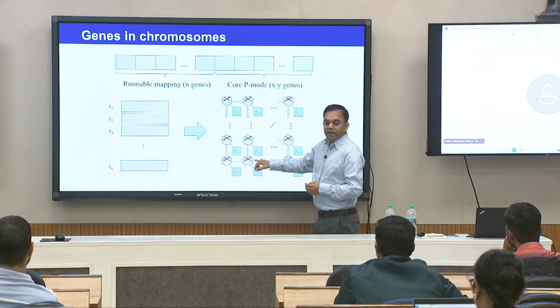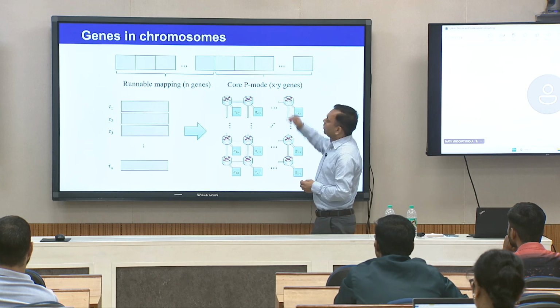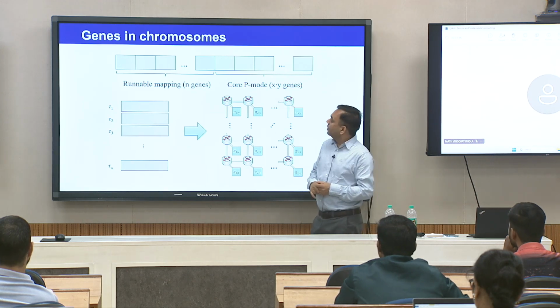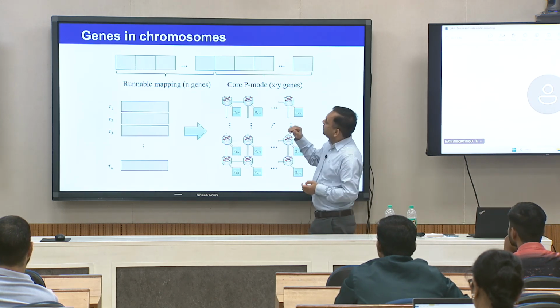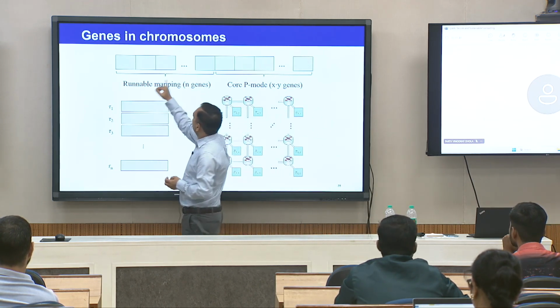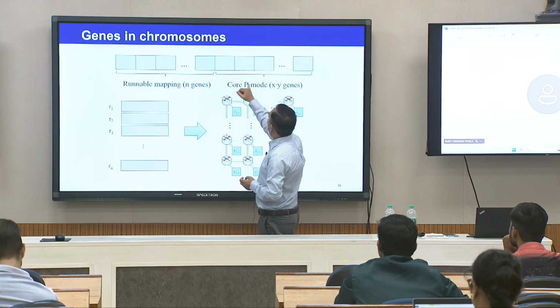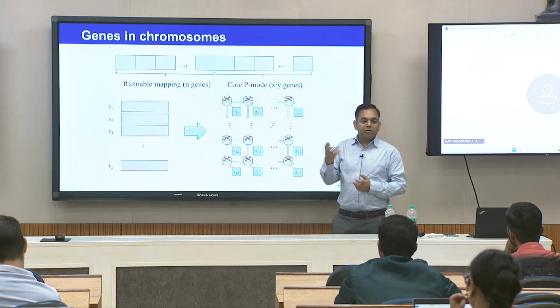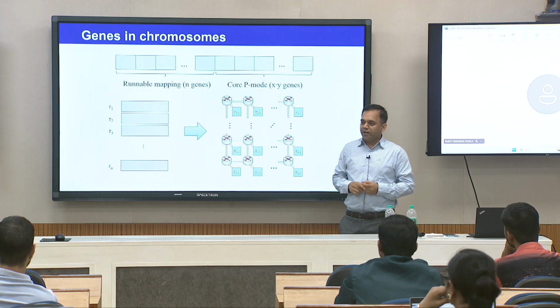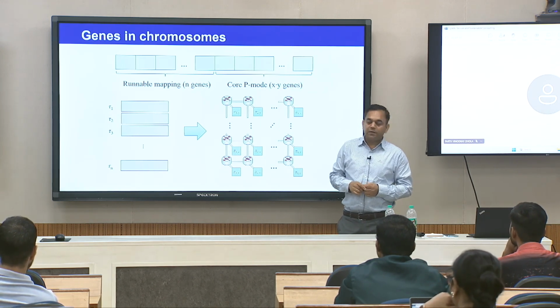If it is x by y, we take x times y genes for the cores. With the runnable genes we are going to explore the mapping, and with the core genes we are going to find the best power operating mode, or best DVFS point.